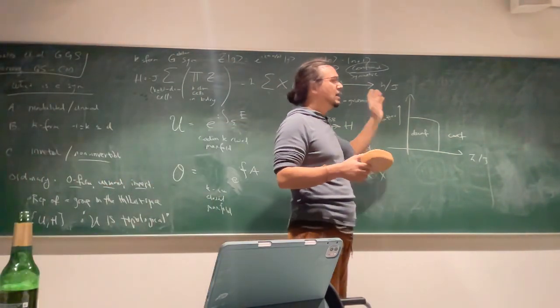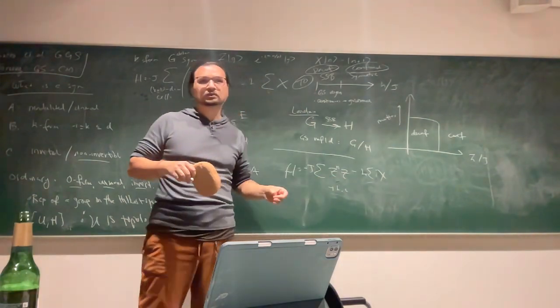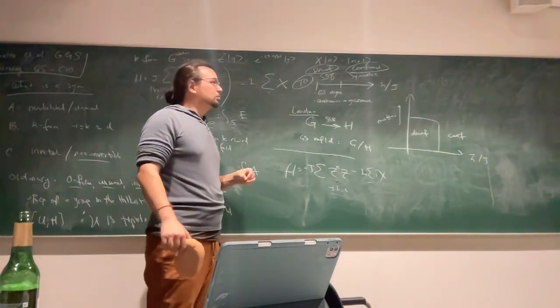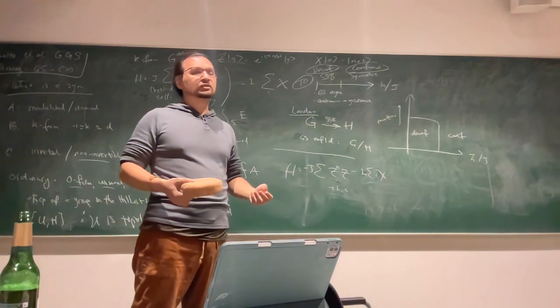And when I add matter, I get rid of electric flux conservation, right? Because I have sources and sinks of electric flux now.